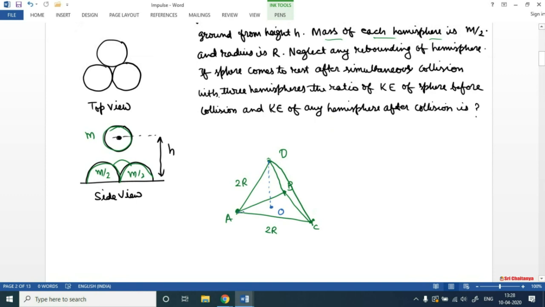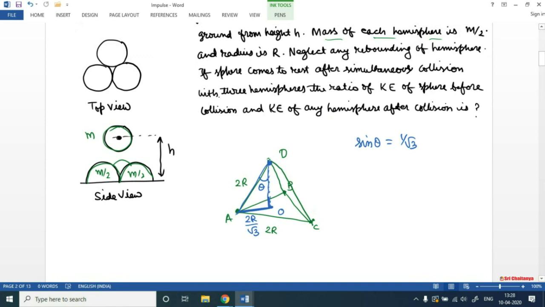When we join O with A, this forms a right angle triangle. If this angle is theta, this side becomes 2r by root 3. So sine theta would be equal to 1 by root 3. This is the geometry of the case. Due to collision, each of these three hemispheres will exert impulsive forces along the lines AD, BD and CD.